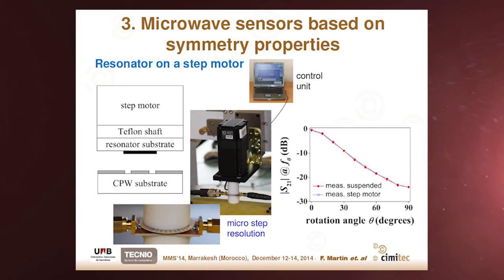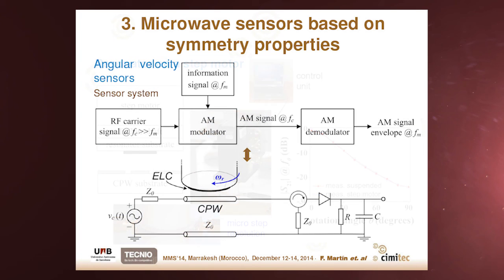So let's see the experimental setup. Essentially, this is the CPW, and we put the resonator in a cylinder made of Teflon, which is attached to a stepper motor that can make it rotate. And here I show you how, by varying the rotation angle, the notch increases almost linearly.